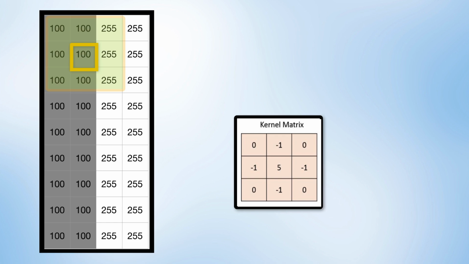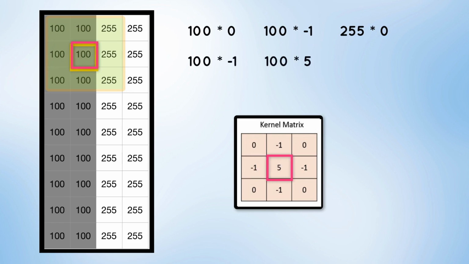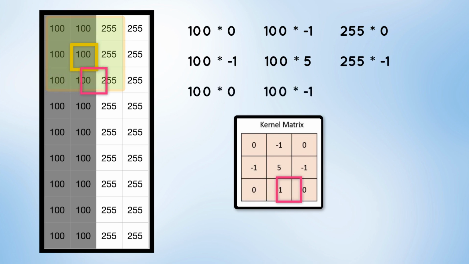Inside the receptive field, what we do is multiply every cell in the receptive field with the corresponding cell in the kernel. I'll take you through it just once. 100 times 0, 100 times -1, 255 times 0, 100 times -1, 100 times 5, 255 times -1, 100 times 0, 100 times -1, 255 times 0, which results in the following numbers.